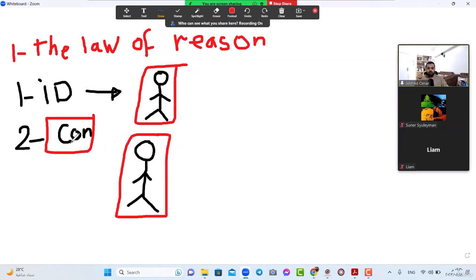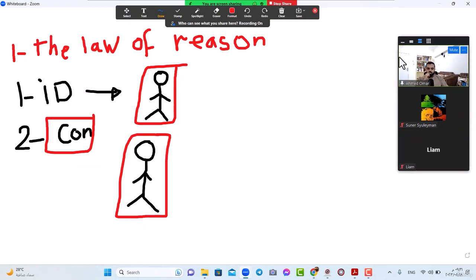So the law of contradiction says the contradictions cannot come together. Only one thing can be true. They cannot be true together, and they cannot be false together. It has to be one true and one false.